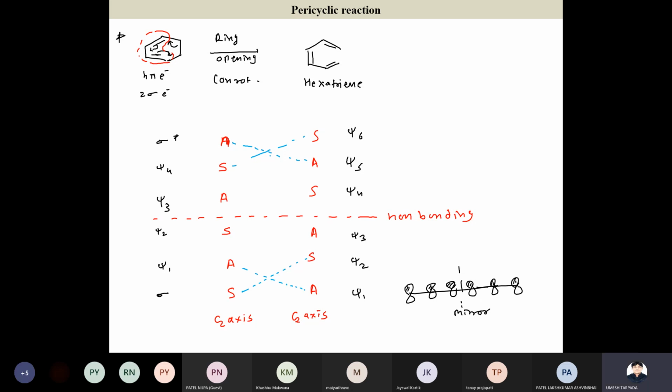So what happens? Symmetry of reactant is correlated with symmetry of product. Now these two are correlated. So see here crossover is observed. So what happens? Is this reaction thermally allowed or photochemically allowed? Photochemical.